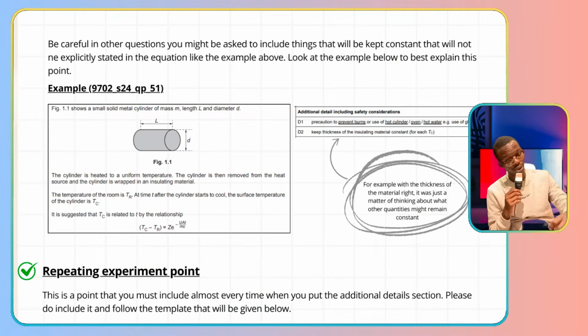Be careful in other questions where you might be asked to include things that will be kept constant that will not be explicitly stated in the equation. So this one needs a little bit of critical thinking. It came in May-June 2024, question paper 5.1, but you're given a cylinder being heated to a uniform temperature. The cylinder then was removed from the heat source and wrapped in an insulating material. So here, for example, the thickness of the material, right? It was just a matter of thinking about what other quantities must remain constant.